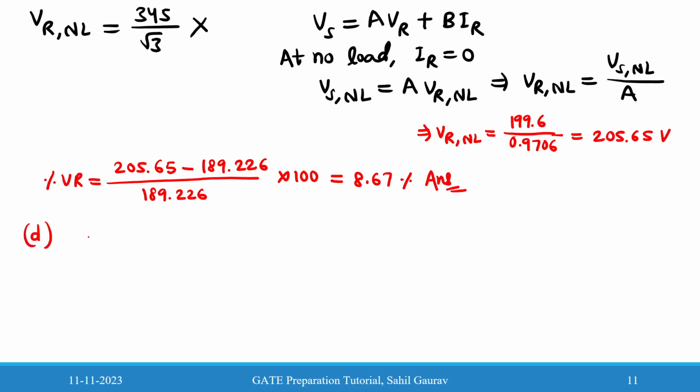Very good. So now we are going to see transmission line efficiency. Transmission line efficiency will be P out divided by P in into 100%. So P out will be PR and P in is PS.